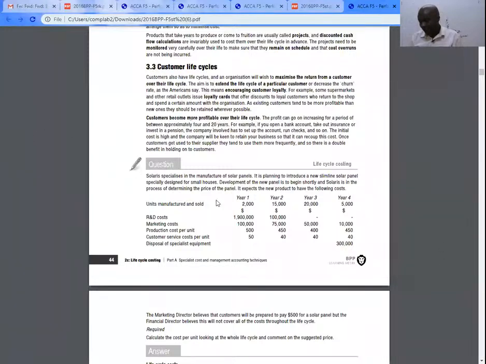Whenever I'm given a cost on a per unit basis, I must always take that cost per unit and multiply it with the number of units to be produced.